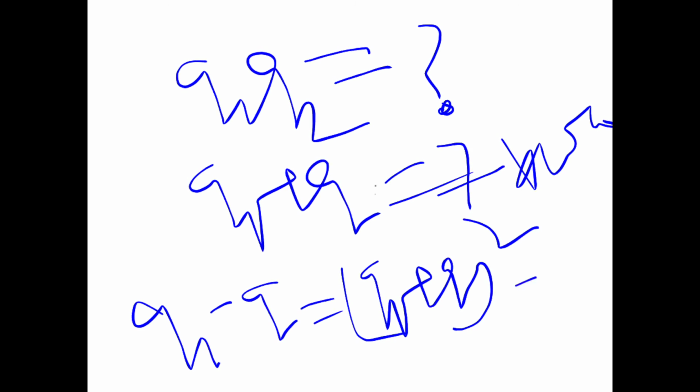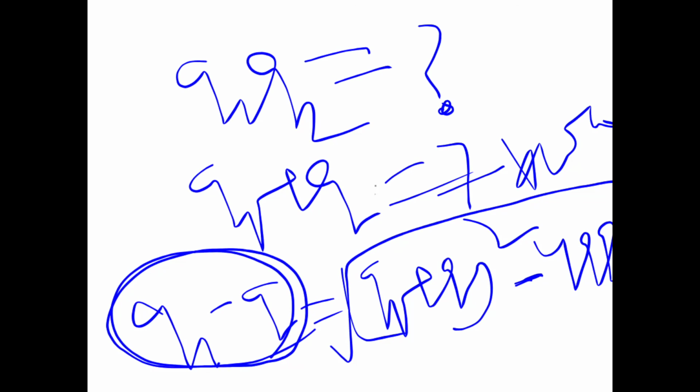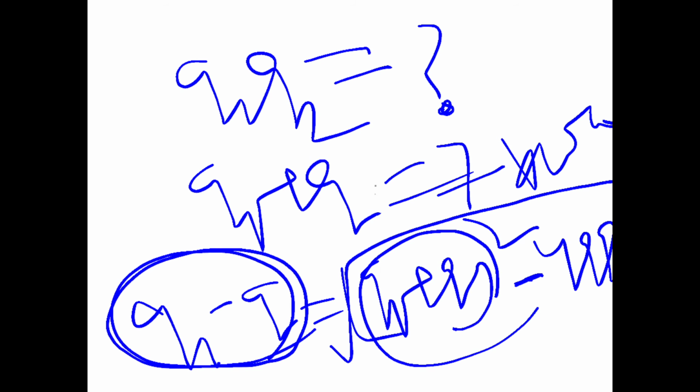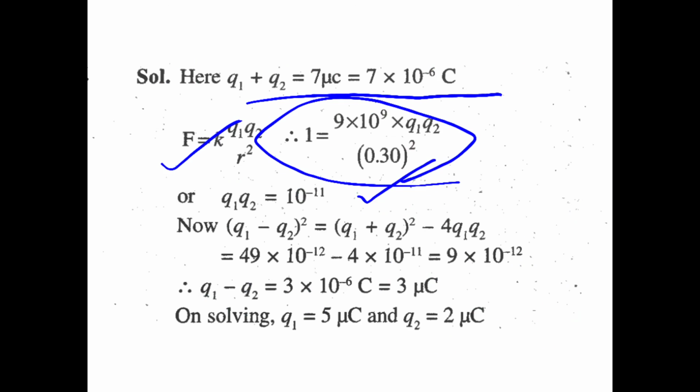Can you understand it? This is the formula: (a minus b) squared is equal to (a plus b) squared minus 4ab, where a square plus b square plus 2ab minus 4ab gives minus 2ab. By putting this formula we can determine this.